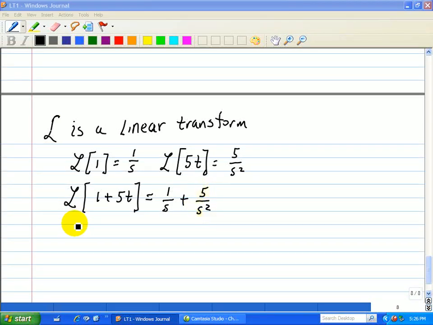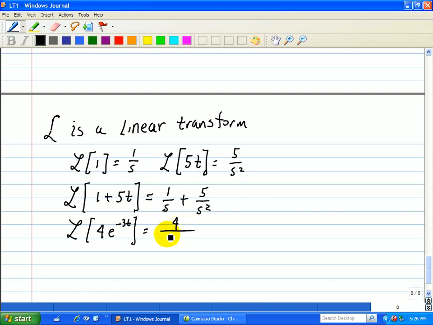Another example illustrating the concept of linearity: earlier we found the Laplace transform of 4 e to the minus 3t, which is simply 4 over s plus 3.